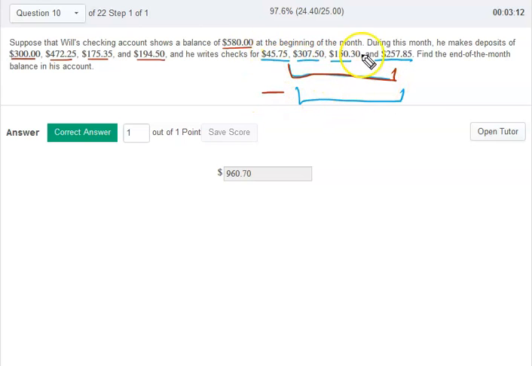Subtract your total of the negatives from the positives. And you got to be careful. Double check your work, because just being off by 10 cents makes it incorrect. And there's your end balance. So a little addition, subtraction, which are positive, which are negative.